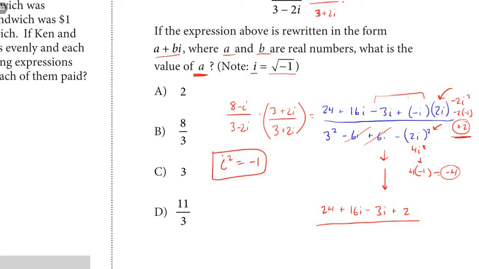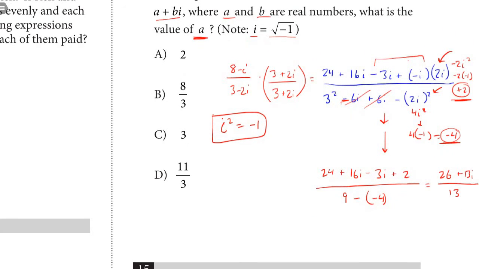All of that divided by 3 squared is 9 minus negative 4. Right? This is our negative 4. And we're subtracting because we have this negative right there. And then we simplify this further, and this will give us 26 plus 13i divided by 13.